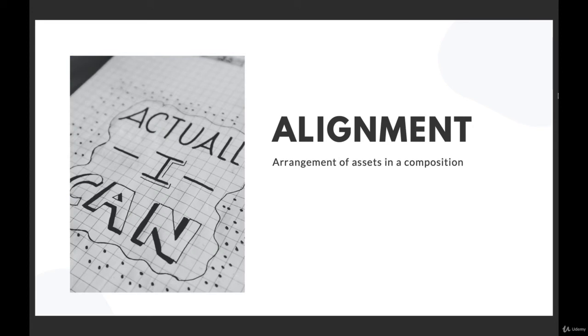Alignment is also very important when you are creating hierarchy and you're creating symmetry and order within the composition. So alignment is basically an arrangement of assets in a composition. And if you go way back, I don't know if you guys did this when you were younger, when you did math, you had graph paper and how everything's arranged in a grid.